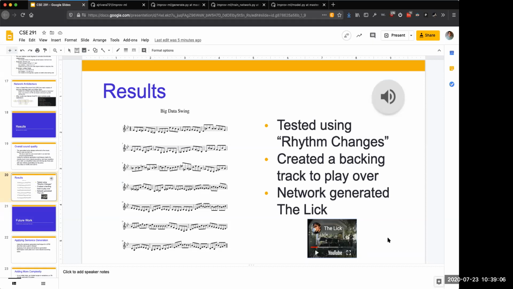These days, I think it's more intentional because it's a more well-known thing. But our model ended up generating the lick in the middle of our solo, which we thought was absolutely mind-boggling because it became a meme because of how prevalent it was in real jazz musician solos. Everyone used it and it grew in popularity that way. And so the fact that our model actually picked up on it was really awesome to us.